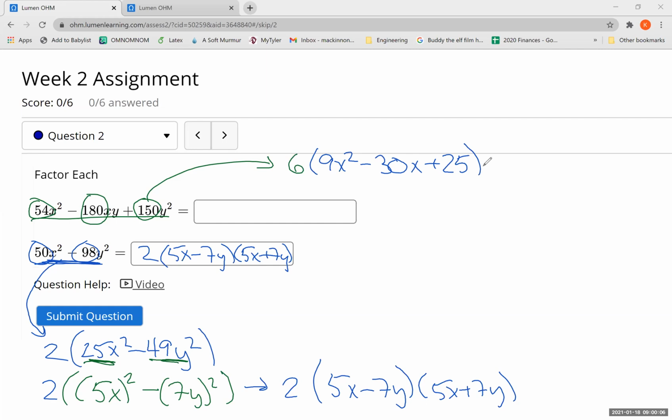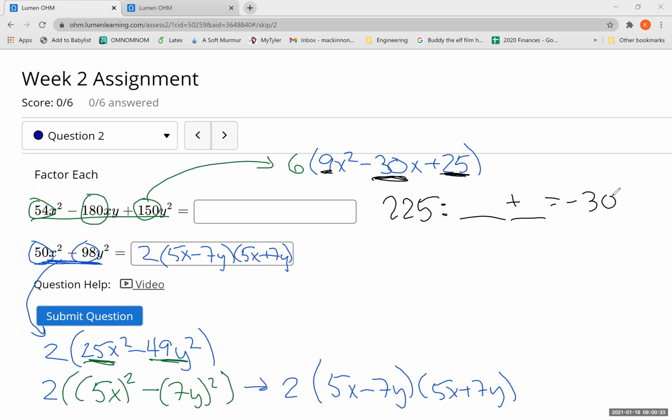So now I'm going to use my particular method of factoring where I'm going to multiply 9 and 25. I know this is going to feel kind of grisly, but when we multiply 9 and 25 we end up with 225. And I want two numbers that multiply to 225 and add up to negative 30.